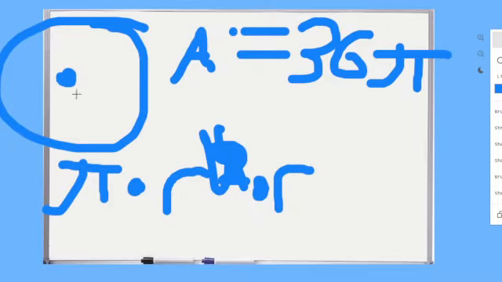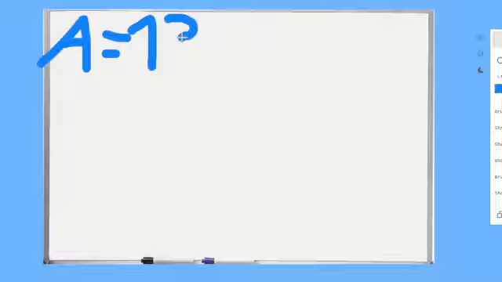So I found some notes that could help you, because when I was in 7th grade, I only learned finding the area. I didn't learn the opposite. So we're going to try finding the opposite. First, the area over here is... wait, that's the wrong number. The area is 36 pi.